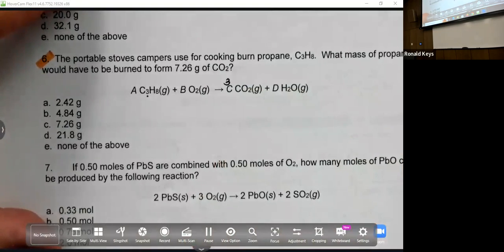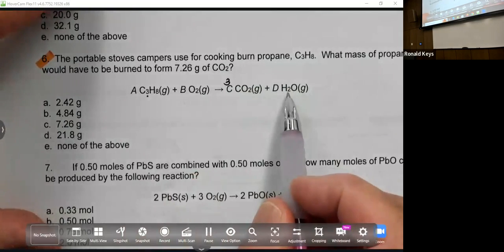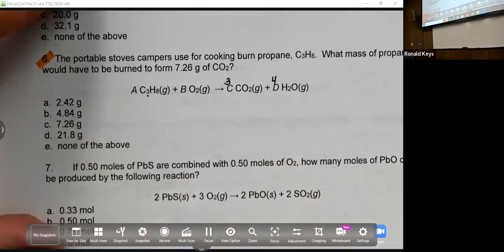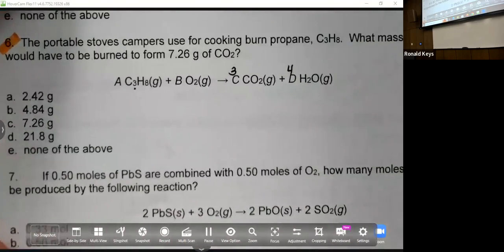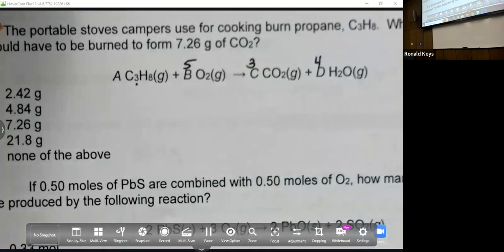Put a 3 here. And we have 8 hydrogens here and 2 here. 4 there. And that gets us a total of how many oxygen on the right? 6 and 4 is 10. We'd have a 5 here.